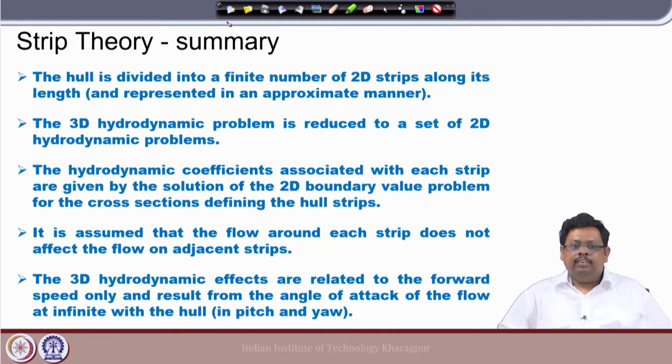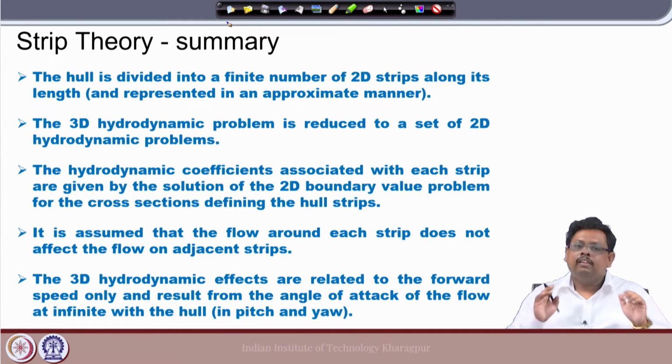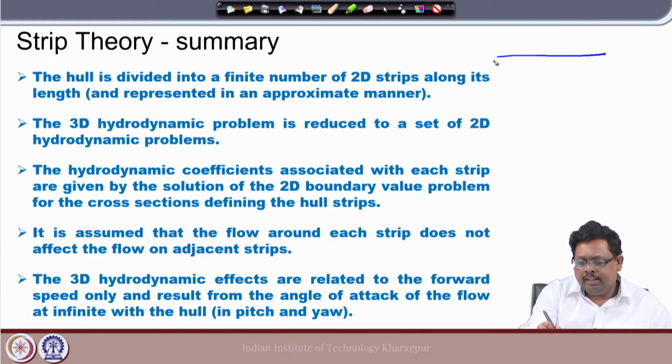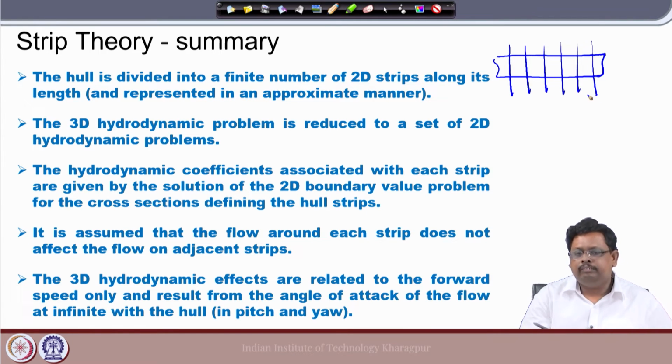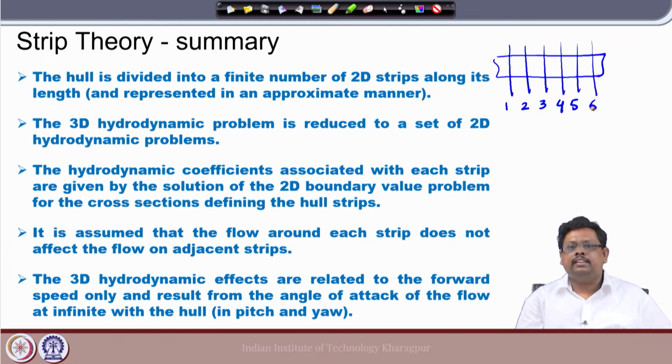Now, people have come up with something called the 2.5D method, where they do consider this, but in strip theory what we are trying to say is as follows. Suppose I have a ship and let us cut it into a number of pieces this way. Now, when I solve, let us say section 1, this is section 2, this is 3, this is 4, this is 5, let us say this is 6.